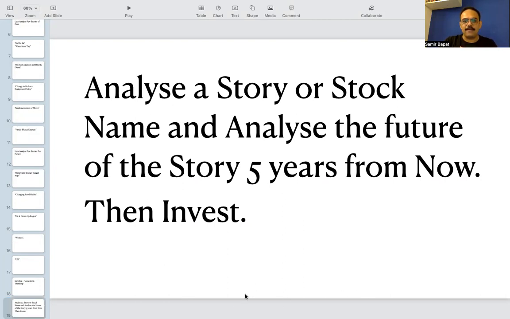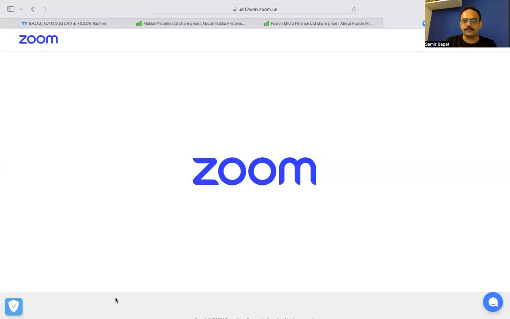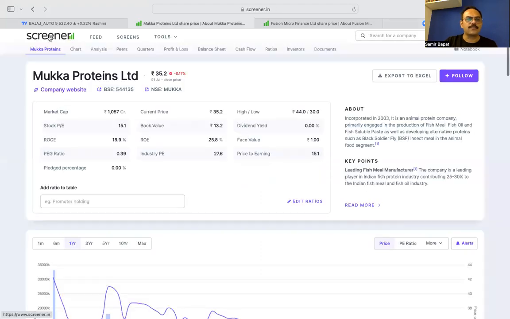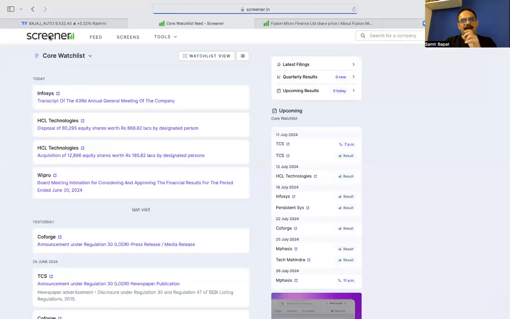So let's say, this is Mukka Proteins. Has everyone created a free account in Screener?